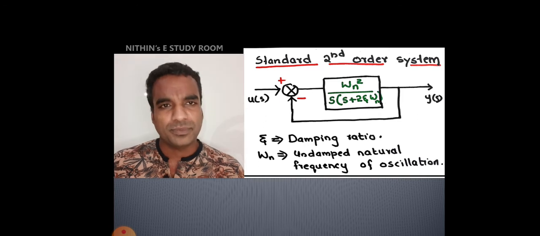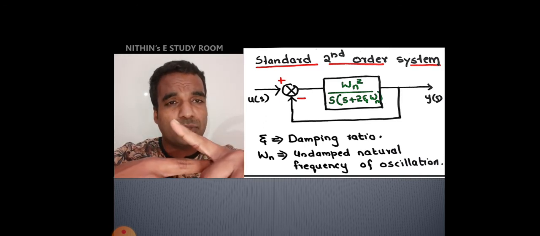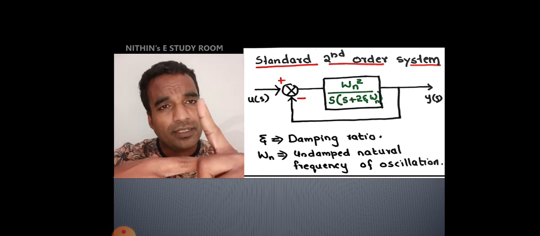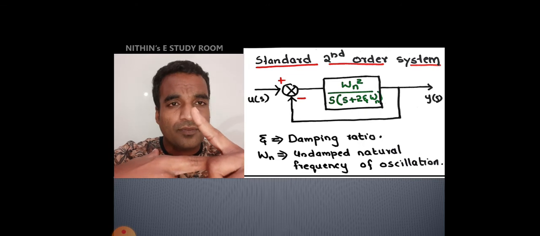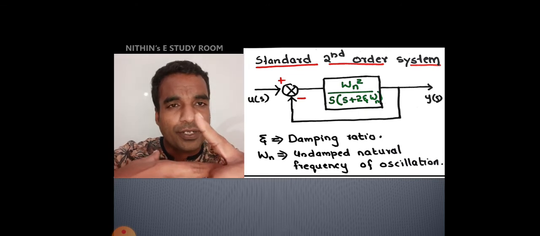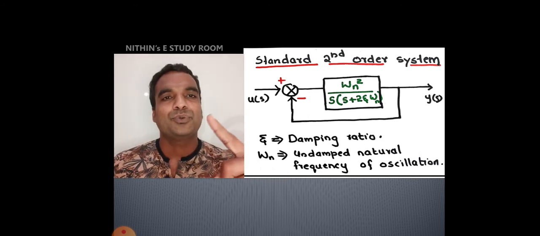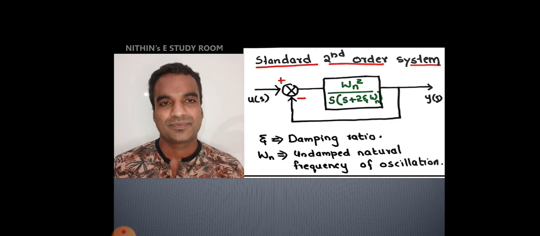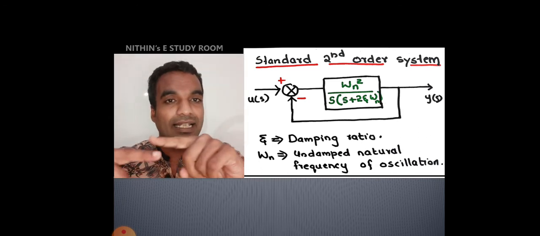No, it's not possible. It will go to some value like 2.2 or 2.3 and come back to 1.8, 2.2, 1.9, 2.1, 1.95, 2.5, like that. Finally, it will come to 2. So actually it was an oscillating response, but the oscillation is controlled like this.